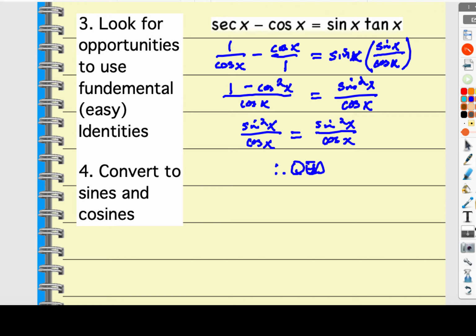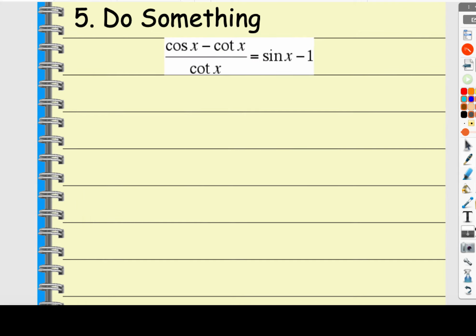We're all good. The last recommendation I can give you, again, things like sines and cosines are helpful, basic trig identities, basic algebra steps, work only one side at a time, and if all else fails, do something. Such as on this statement here. Now notice I've got some subtraction in both of them, so I really don't want to lose that part. But again, a monomial denominator here on the bottom, I can take advantage of that. Maybe I can distribute that.